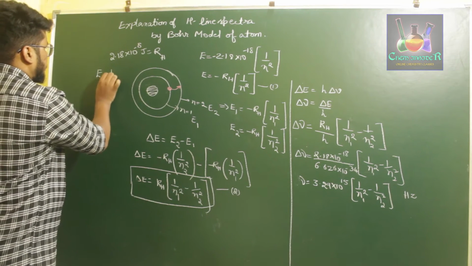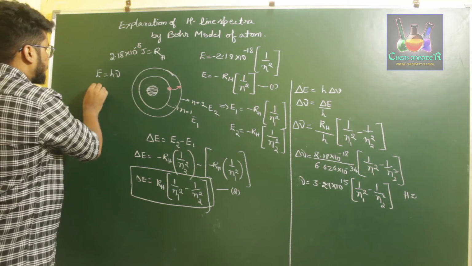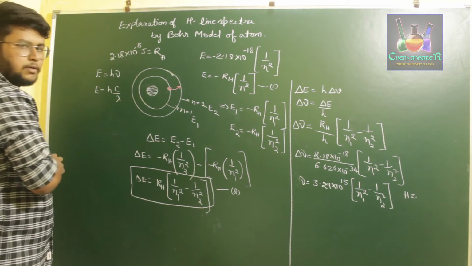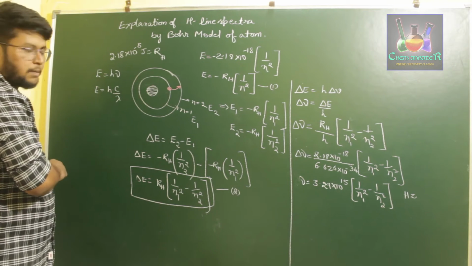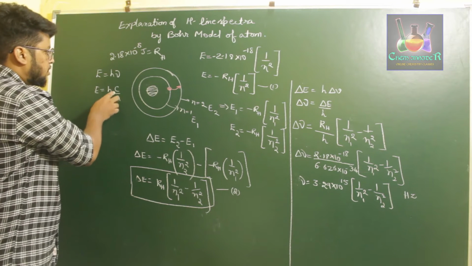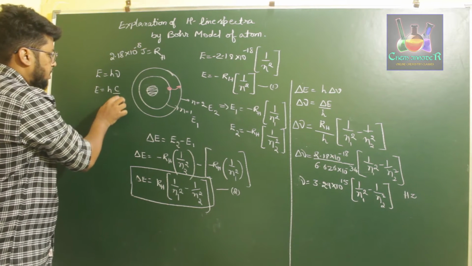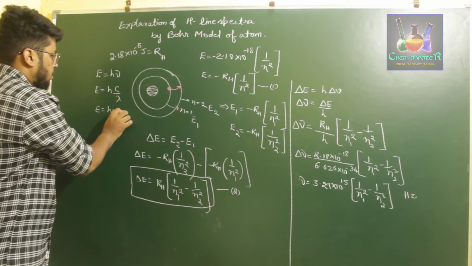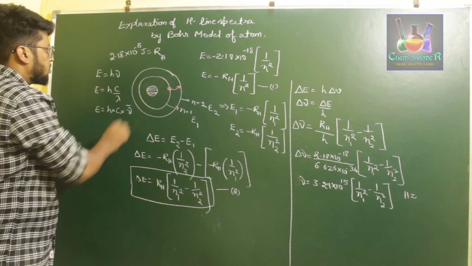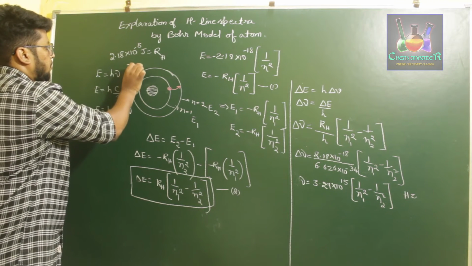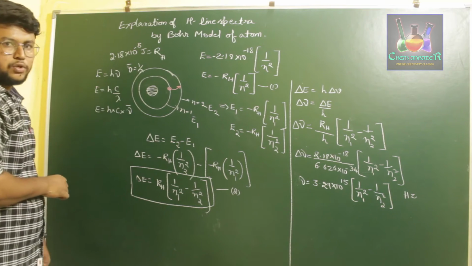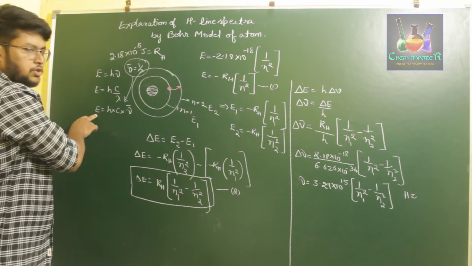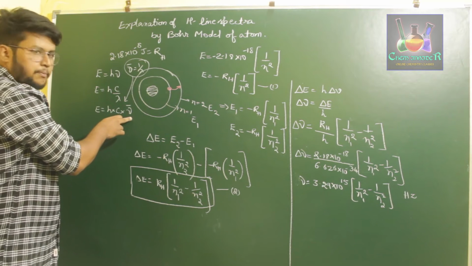E is equal to h nu. If we substitute that value, E is equal to h c by lambda. I'm going to replace 1 by lambda as nu bar. E is equal to h into c into nu bar, because nu bar is equal to 1 by lambda. So substituting that value here, we get E is equal to hc nu bar.